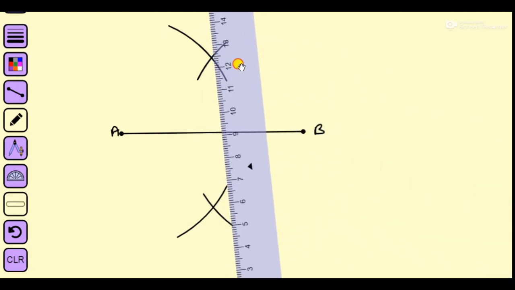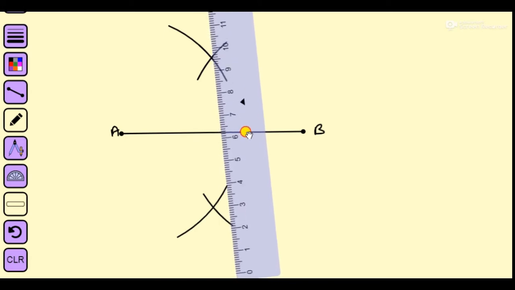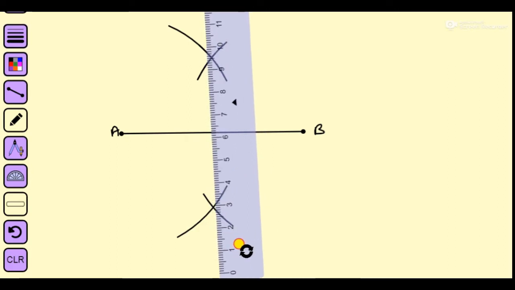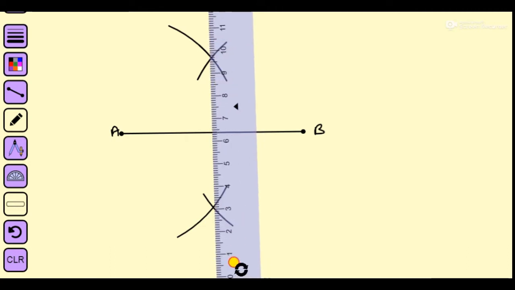So how do we do this? First of all, take the scale and place it on this point. This is your point, and this point is here.